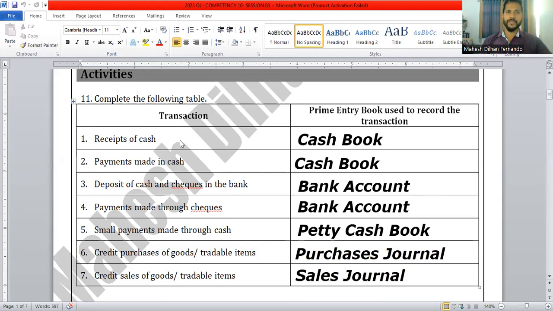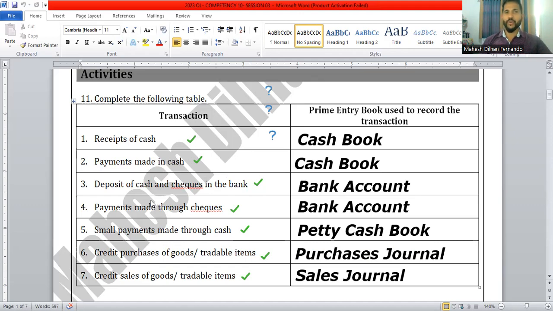Here we have the receipts of cash, payments of cash, deposits of cash and checks in the bank, payments made through the checks, small payments made through cash, credit purchase of tradable items and credit sales of tradable items. Apart from these, don't we have any other transactions in a business?